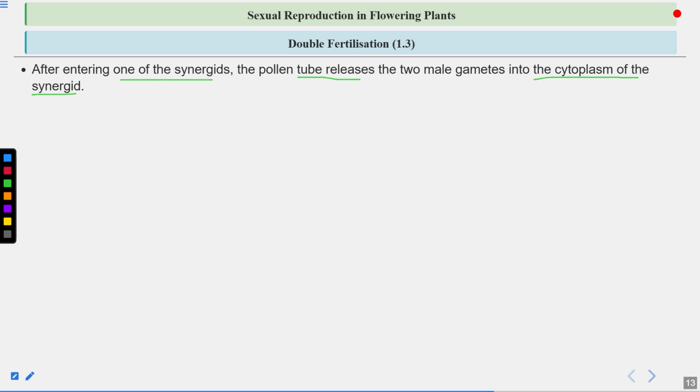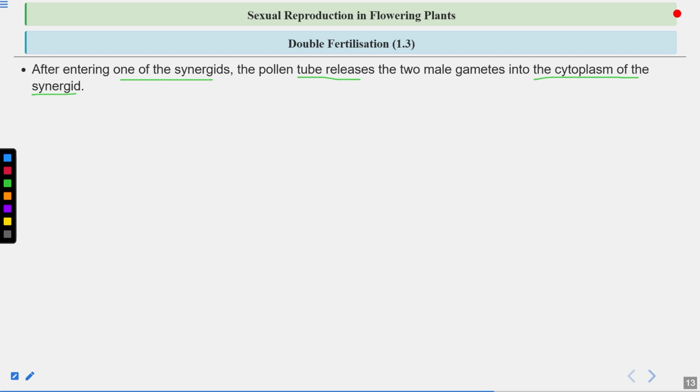Central cell, antipodal cells, and egg and synergids form the 7-celled embryo sac. Yes, 7-celled and 8-nucleate structure. That is the embryo sac. Now my question was how the micropyle is formed. The micropyle is formed by the integuments.